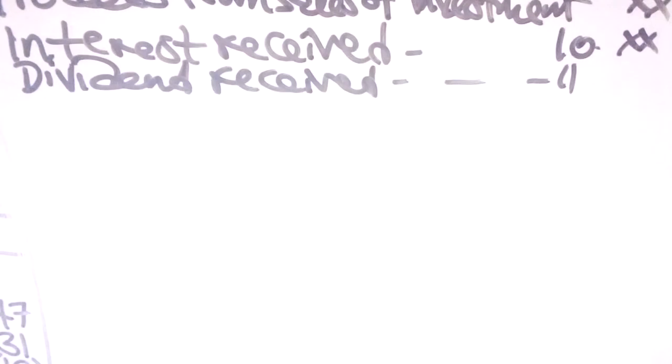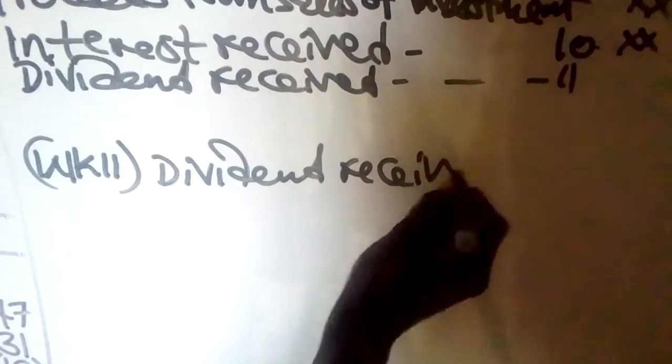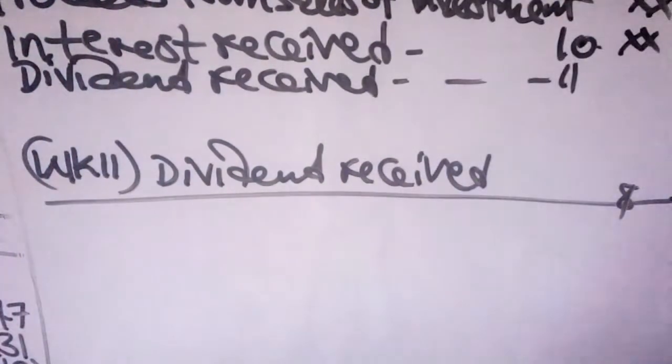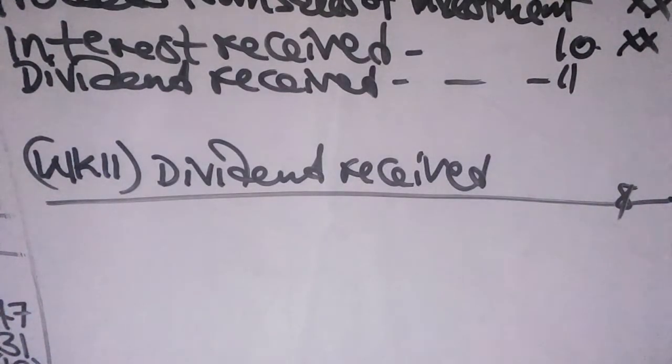Note 11, dividend received. This will be determined as follows. You may have dividend receivable under current assets.